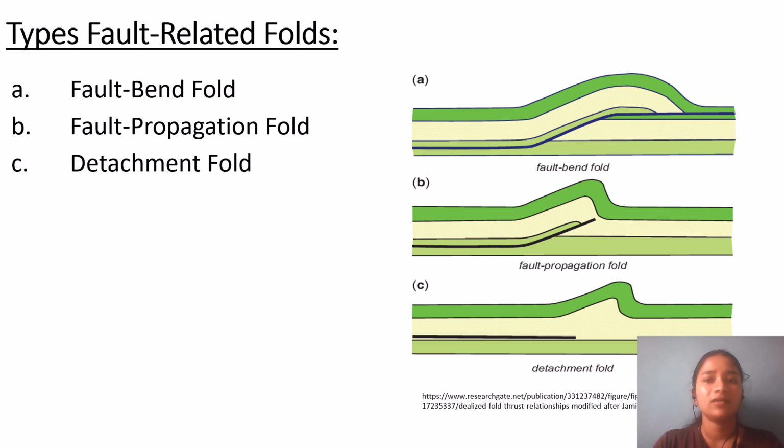When compressed, the top layers fold while the bottom layer slides, causing a wave pattern. And finally, the forced fold. The fold is directly caused by the fault movement that pushes the rock into a fold shape, even if the layers would not normally fold on their own.